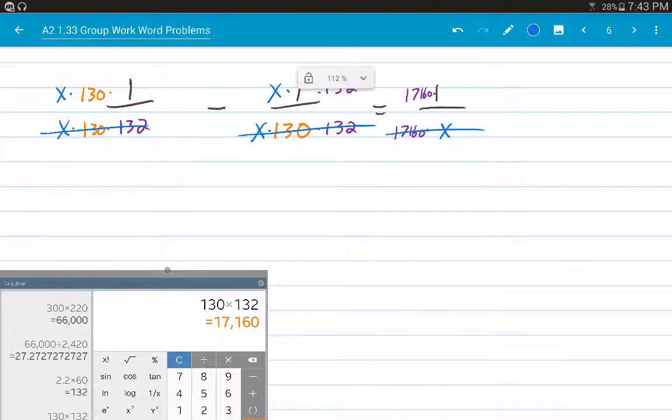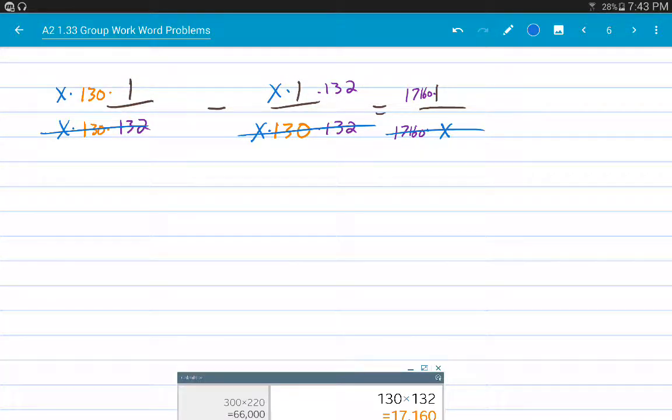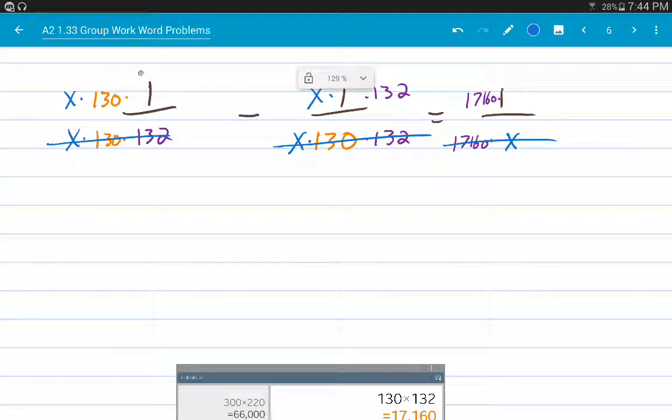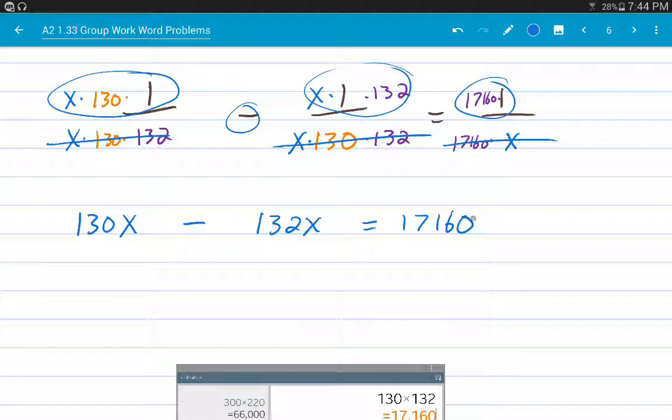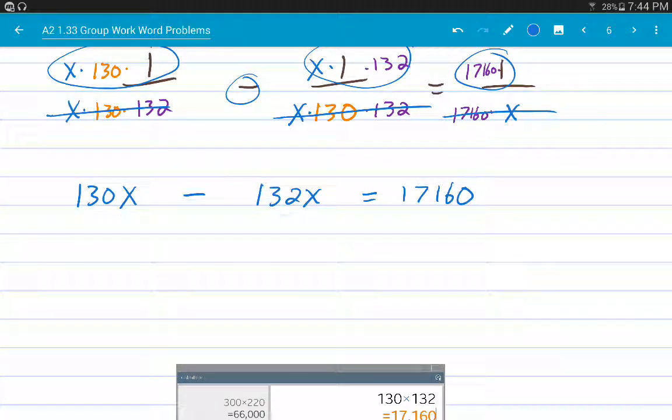Now let me clean this up. I'm going to hide this calculator, but I'm going to need it again in a second. So we have 130x, minus sign still there, 132x equals 17,160. 130 minus 132 is negative 2x equals 17,160.